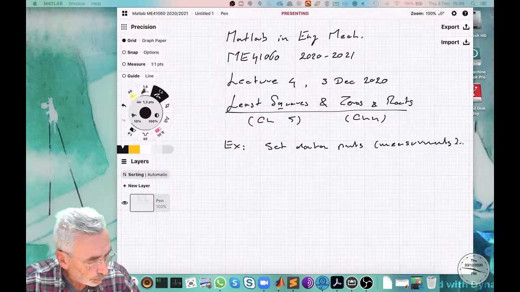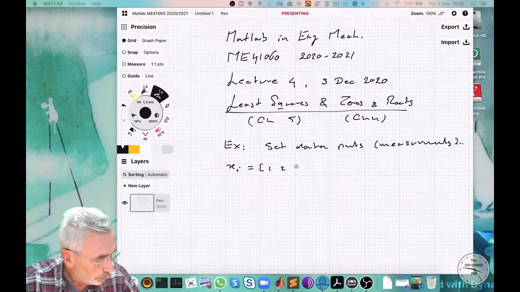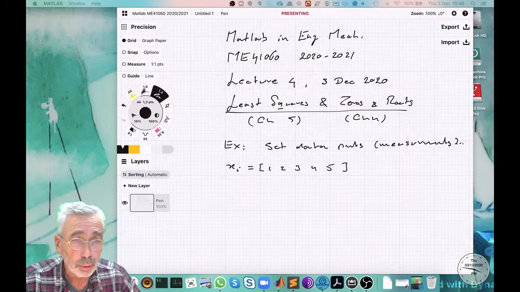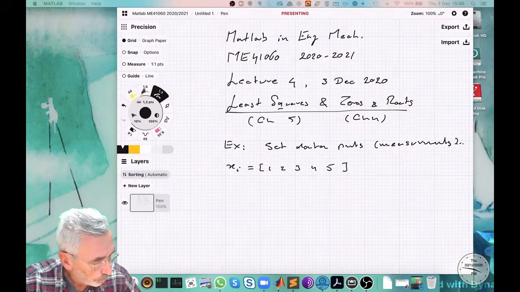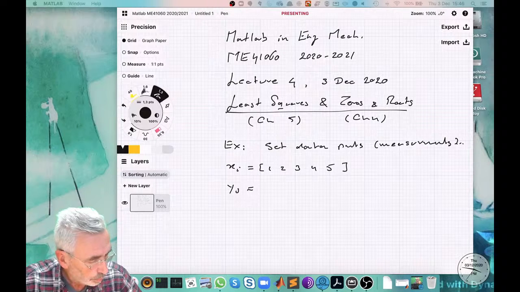It can be anything. So we have x values, and in this case it's 1, 2, 3, 4, 5. These can be seconds or meters or whatever. And we have measured values, that's y.